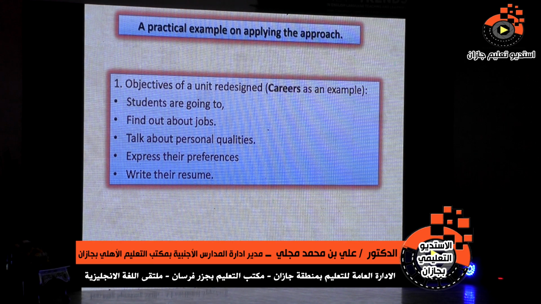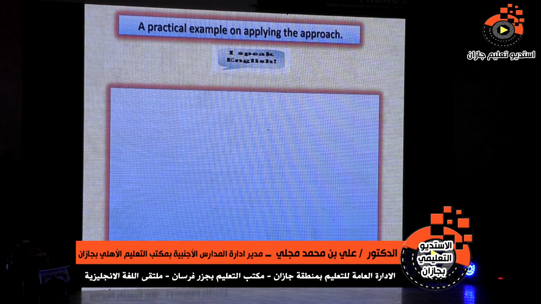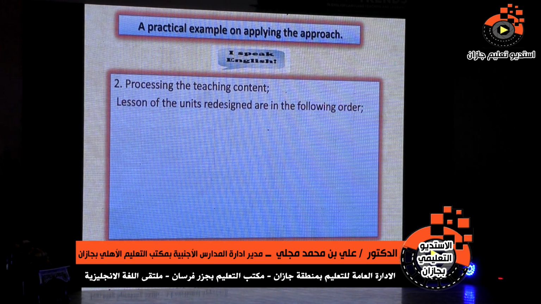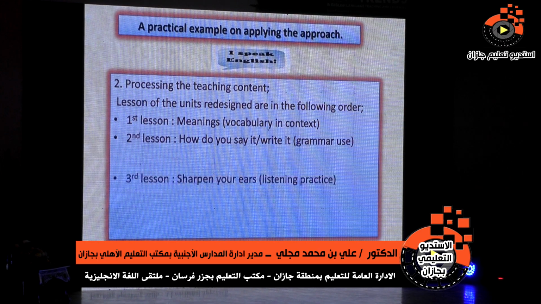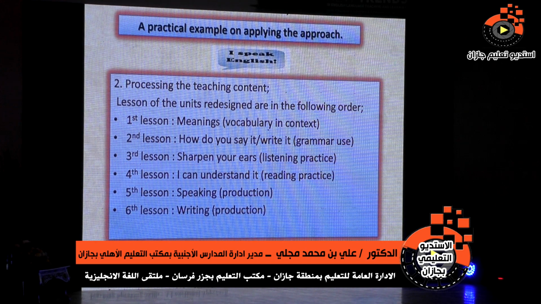So first, to redesign this unit, Careers, from Mega Goal 1, we determined the objectives of the unit, and this is the most important point in our proposed approach, which is processing the content.